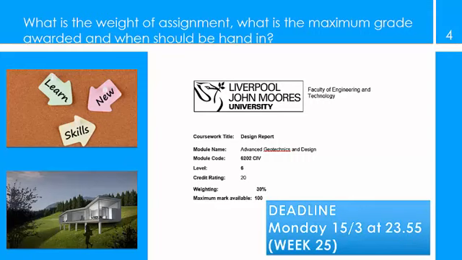And the weighting of this assignment is 30%, as said before. The maximum mark available is 100. The deadline is on Monday, 15th March at 23:55. This is in week 25.